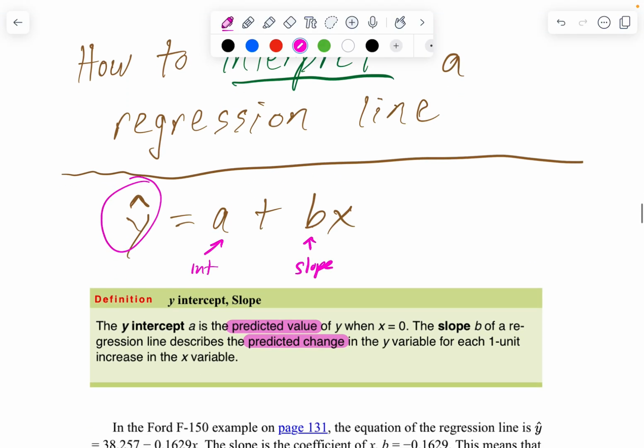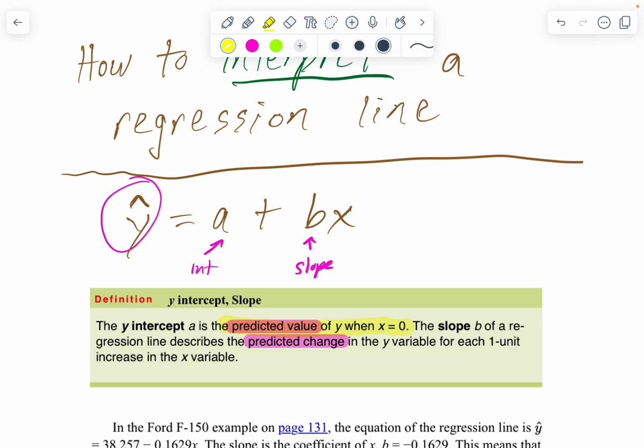When we talk about the y-intercept, in algebra you probably talked about it as where the line hits the y-axis, okay, which is true. But the better, statistical interpretation is that the y-intercept is the predicted value of y when the x value takes the value of 0.